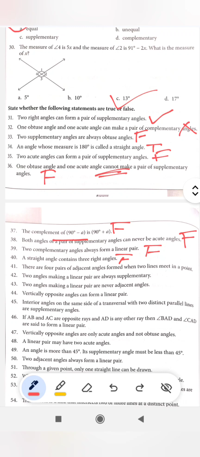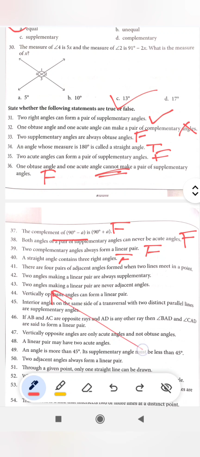Now, there are four pairs of adjacent angles formed when two lines meet at a point. Okay, this is one pair, this is the second pair. Adjacent angles, okay, this is 1, this is 2, this is 3, this is 4. Are you able to understand? Let me draw it once again.